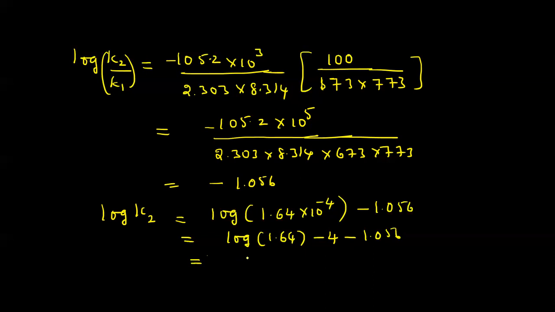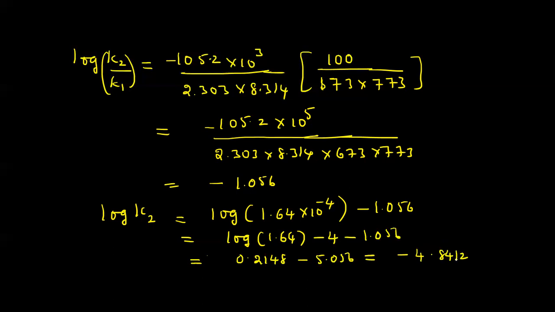The logarithmic value of 1.64 will come as 0.2148. So this is 0.2148 minus 5.056, and its final simplification will become minus 4.8412.